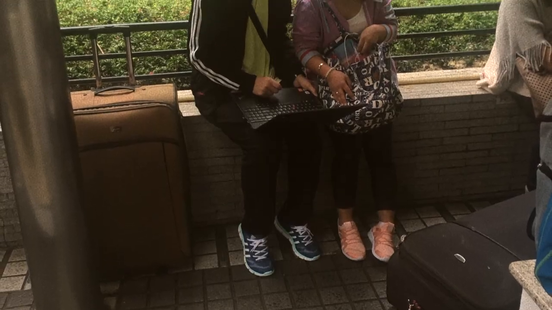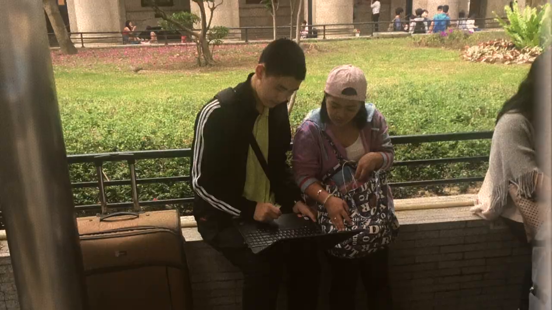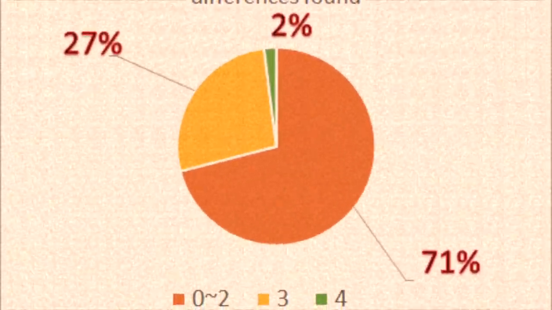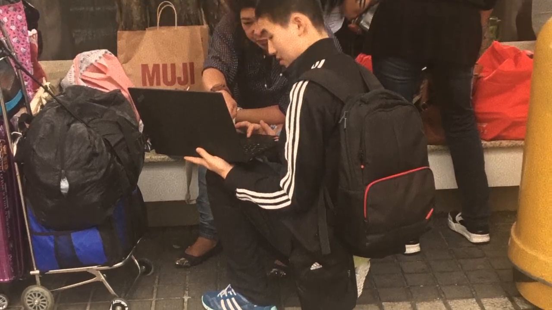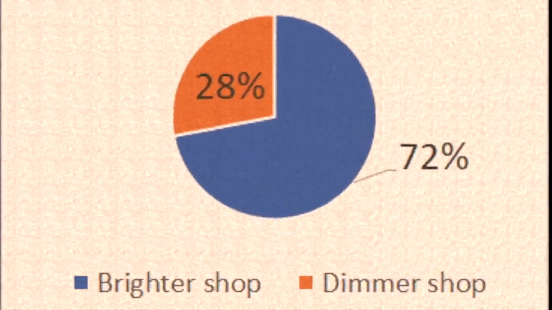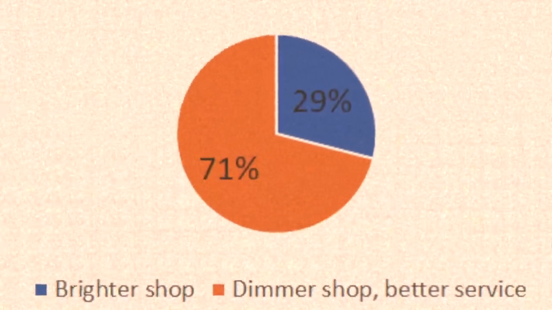The differences lie in the lighting brand, but most people found 0 or 1 difference out of 4, with only a few discovering all of them. However, in the choice of inner environment, 70% choose the brighter one, but 70% will choose the dimmer one if it has better service. Therefore, it is wise to focus more on good service and a warmer inner environment.